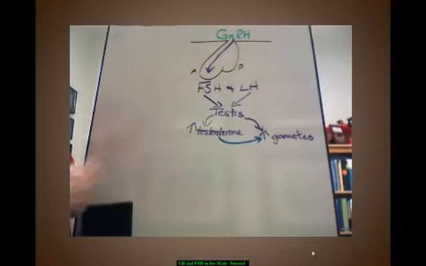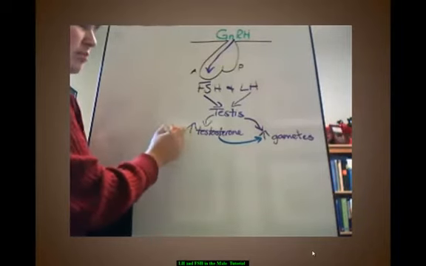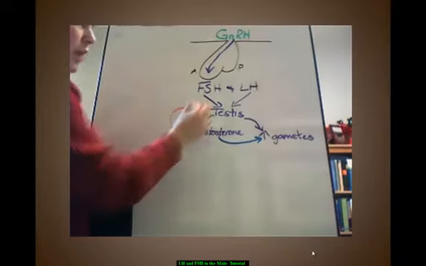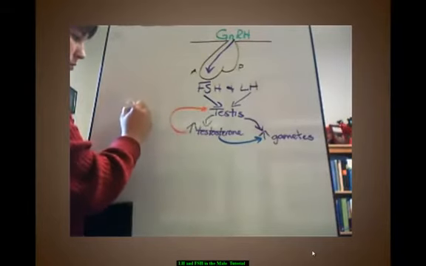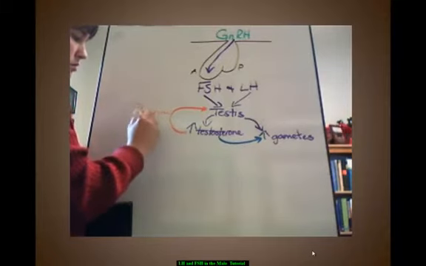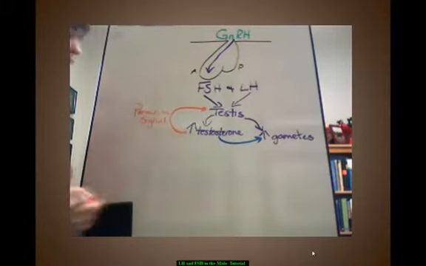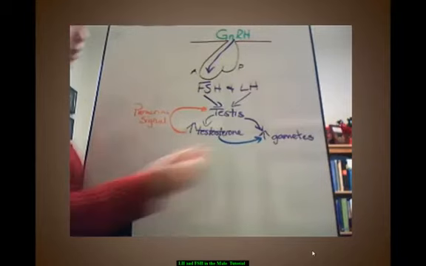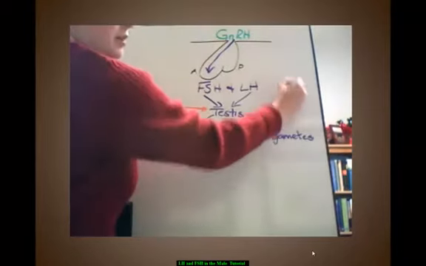And it turns out that testosterone itself is the paracrine signal back on the testes. So as testosterone amounts elevate, the testes detect increasing amounts of testosterone, and the testes will then respond by producing another hormone, which is called inhibin.